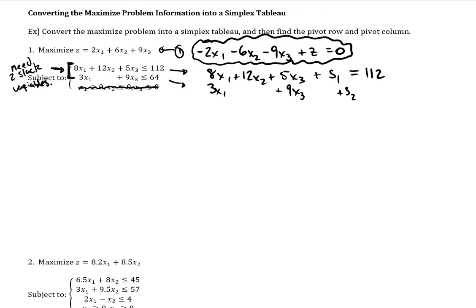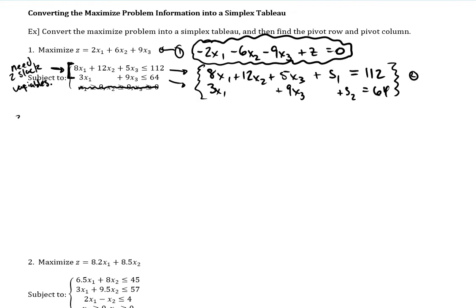I keep it off-center to make sure I know they are different variables. Then I change the inequality, less than or equal to, into just equals. These are our main 2 equations now, and then we can convert it into a simplex tableau.